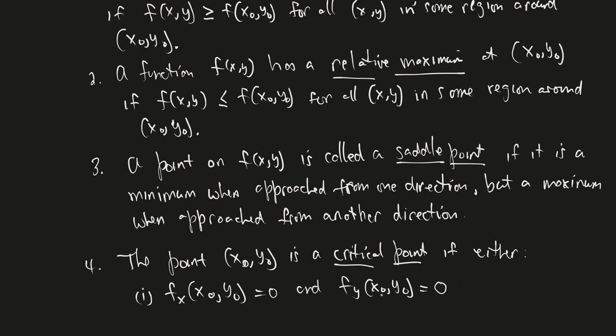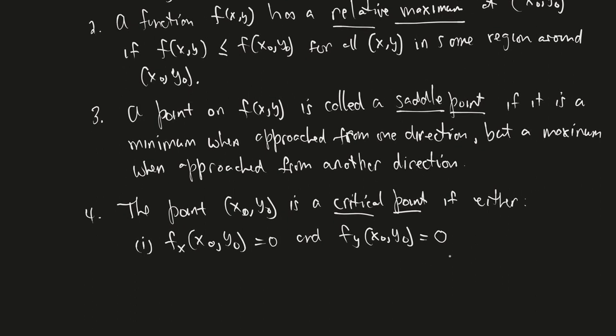This definition is analogous to how we define a critical point in Calc 1, where the first derivative has to be equal to 0 for those stationary points, or something else, which is the second case here. Well, now we have two first derivatives, and we require them both to be equal to 0. So that's one way you can have a critical point.